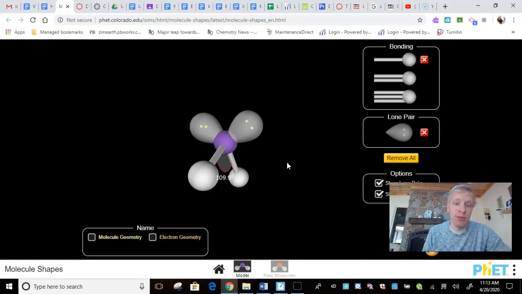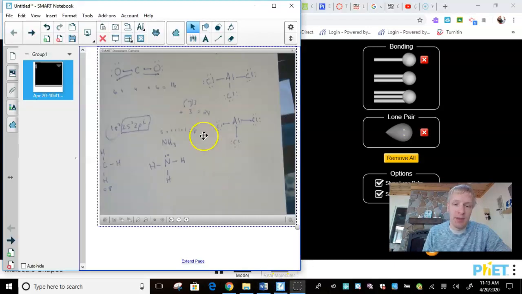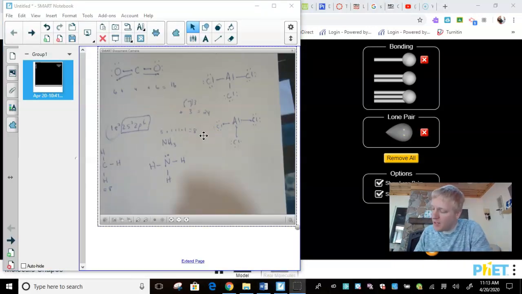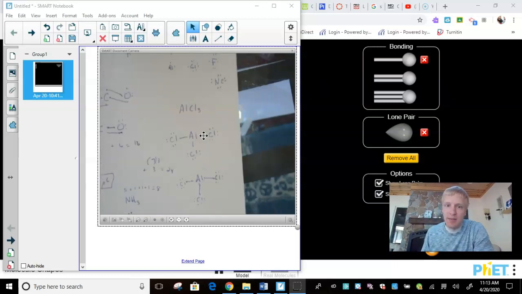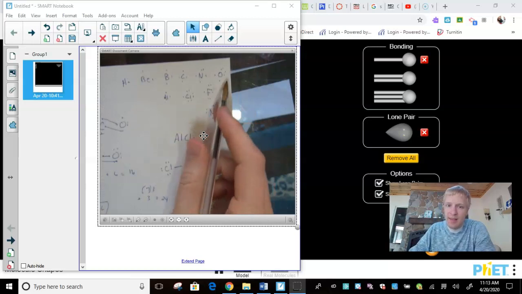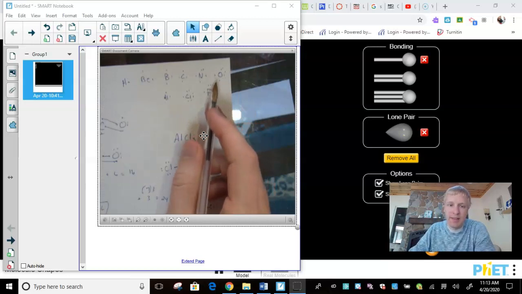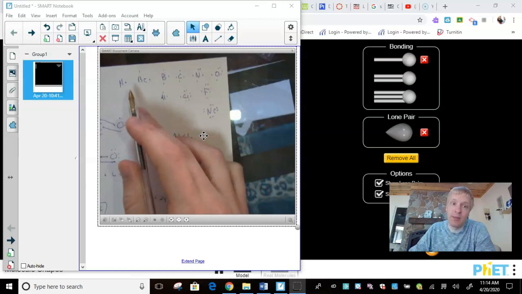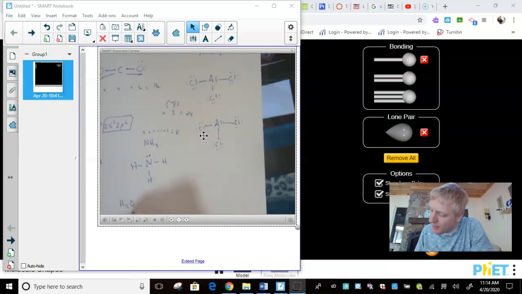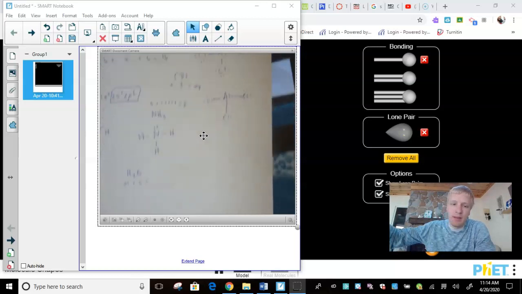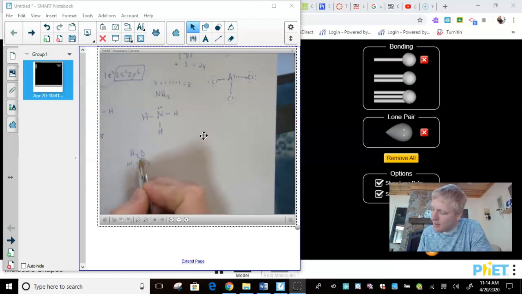So why don't we do an example? Common example, H2O. So oxygen, we said, has 6 valence electrons, 2 bonding sites. And hydrogen has 1 bonding site, 1 valence electron. All right, so we got 6 for oxygen and 1 and 1 for the 2 hydrogens. 6 plus 1 plus 1 equals 8.